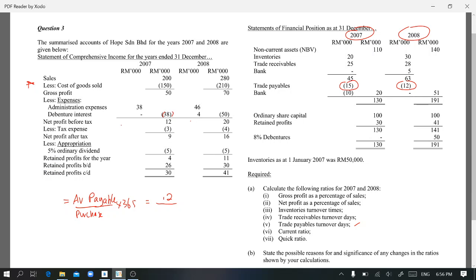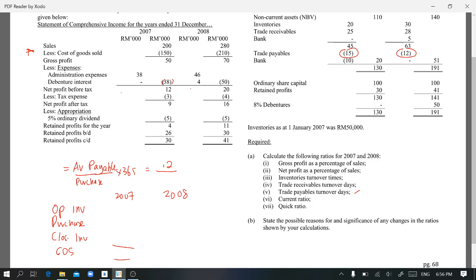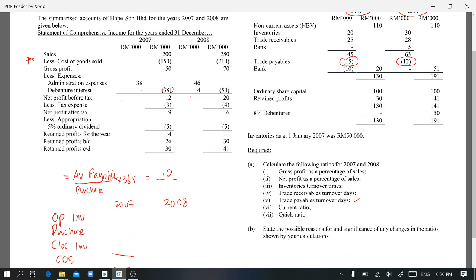You check here. We don't have purchase, but we got cost of sales. Okay, cost of sales is opening inventory plus purchase minus closing inventory to get cost of sales or cost of goods sold. So this is 2007, 2008. So what is my opening inventory for 2007? 50.